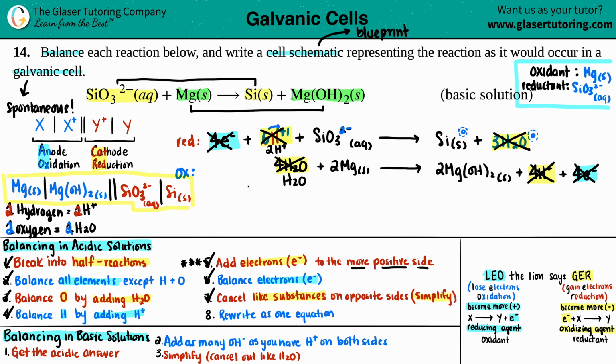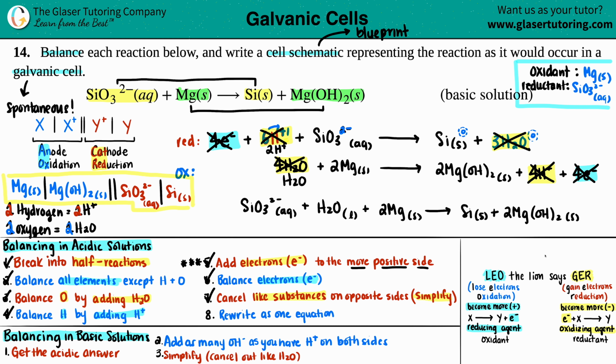You group everything that's on the left side, and you group everything that's on the right side. So it doesn't matter who you start with. So maybe I'll just say SiO3 2 minus aqueous plus H2O. In acid base, H2O is always a liquid. Plus I have 2 magnesiums, so 2 Mg solids yields Si solid plus 2 Mg(OH)2 solid.